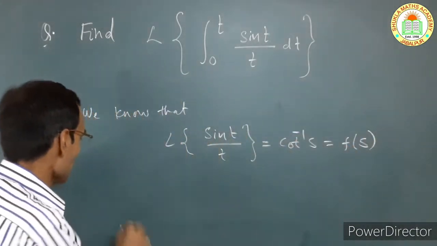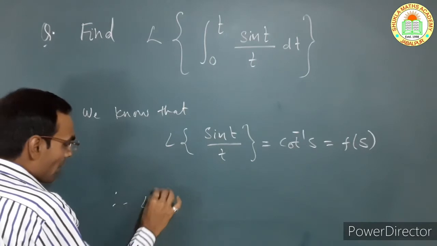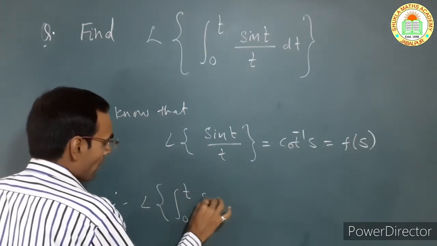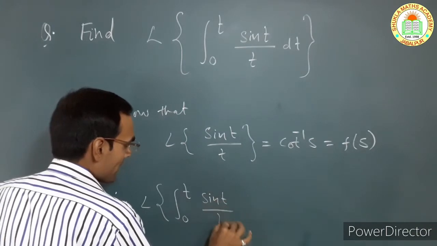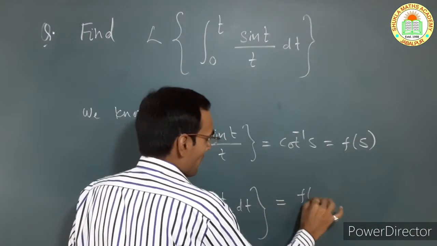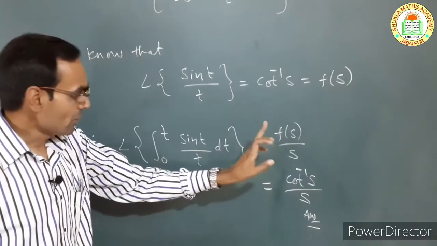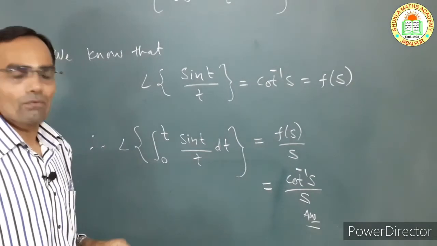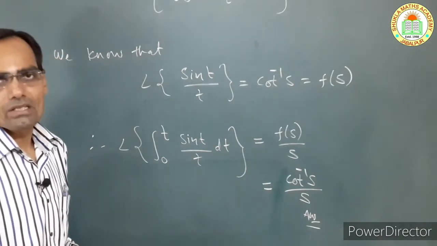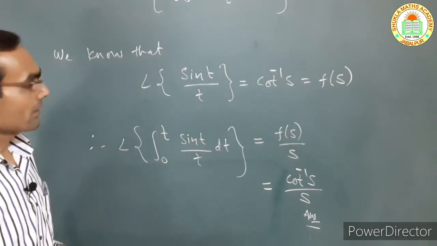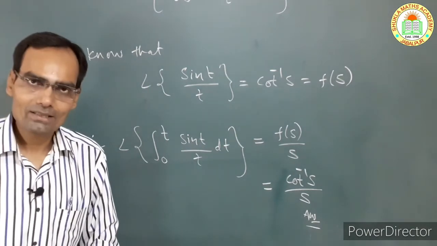Therefore, by using the property, the Laplace transform of the integral from 0 to t of sin t by t dt is F(s) by s. So dividing this cot inverse s by s, we get our required value of the Laplace transform under the integral sign. So these are the properties of Laplace transform.